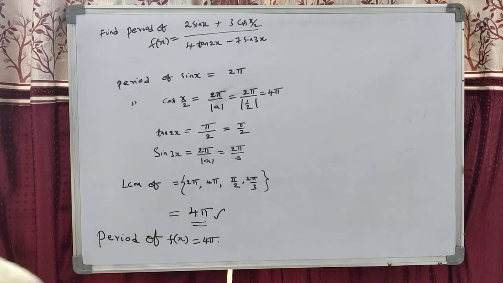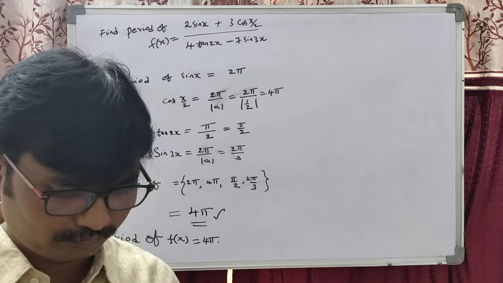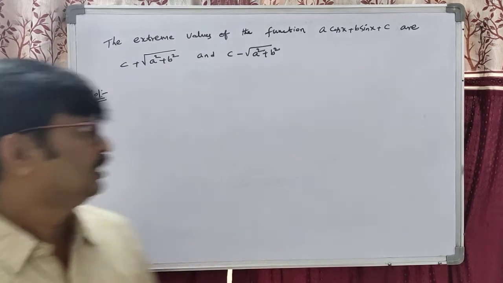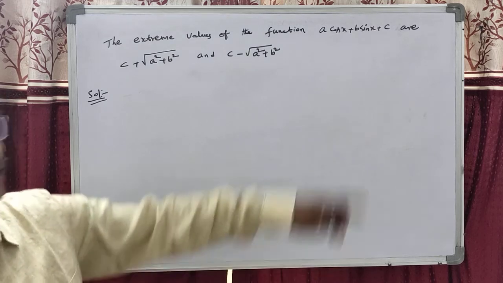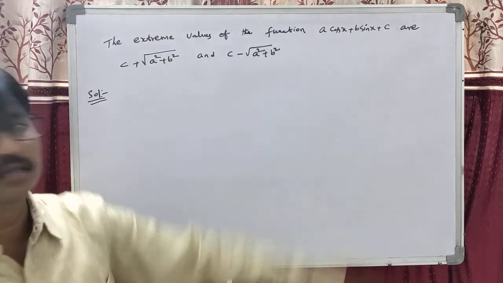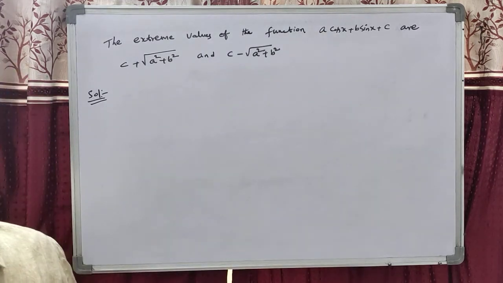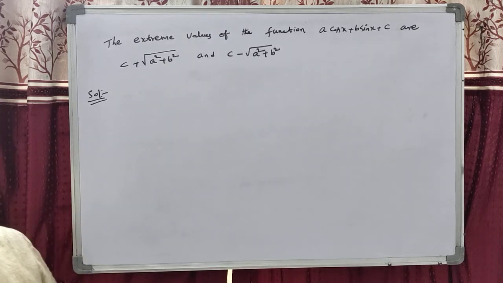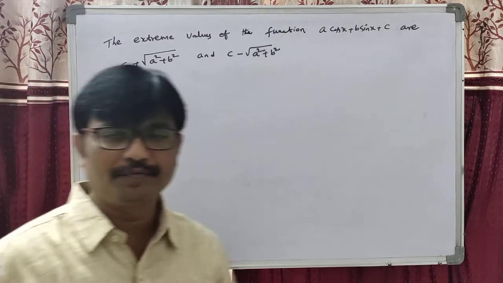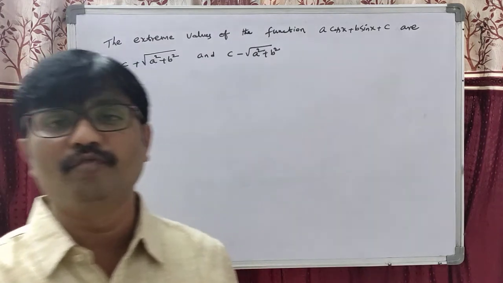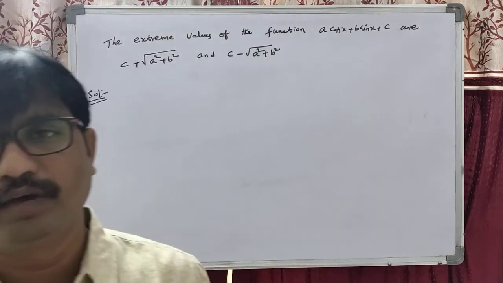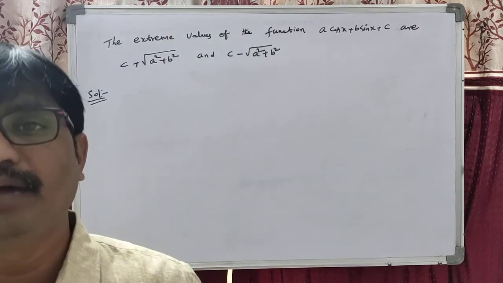My dear students, the extreme values of the function a cos x plus b sin x plus c are c plus root of a square plus b square and c minus root of a square plus b square. Extreme values means the minimum and maximum values.